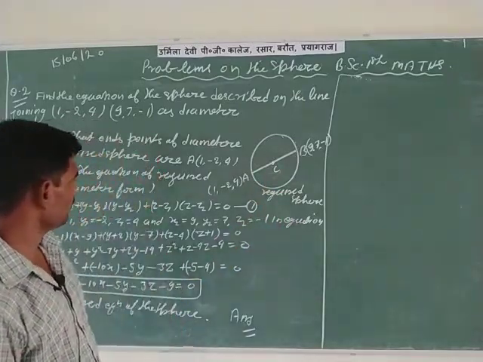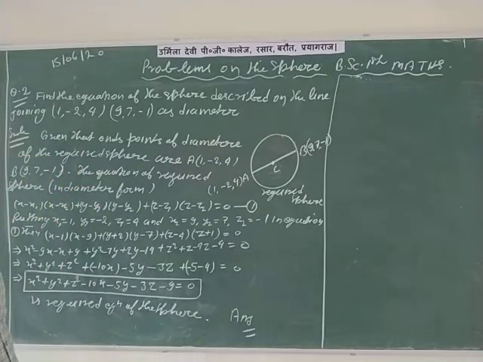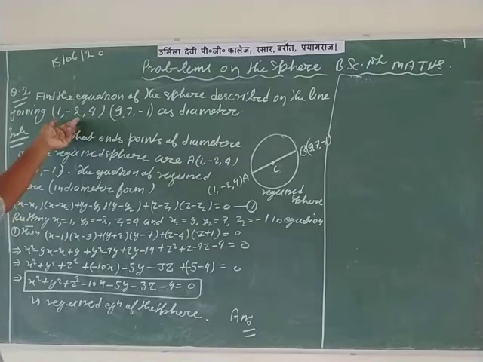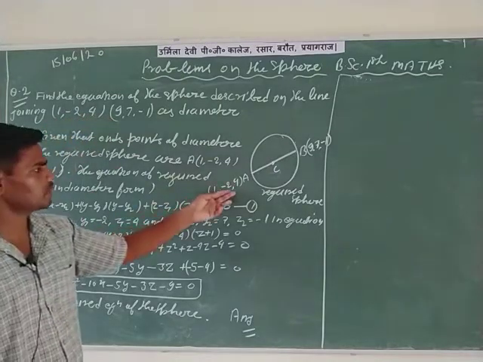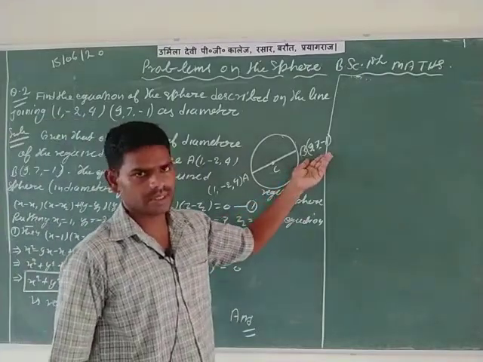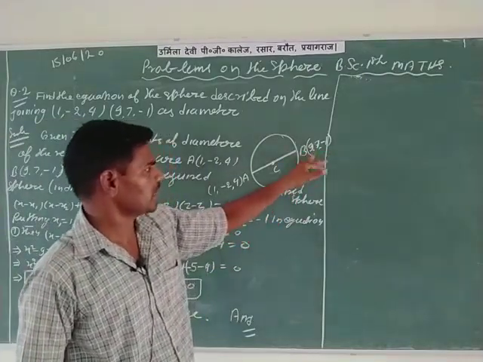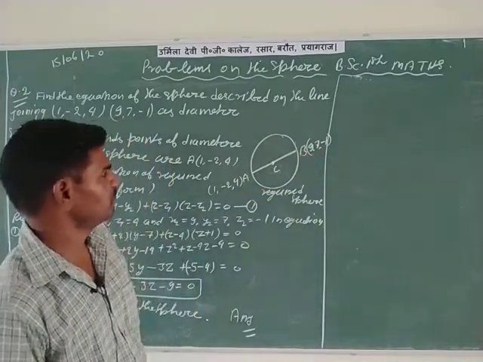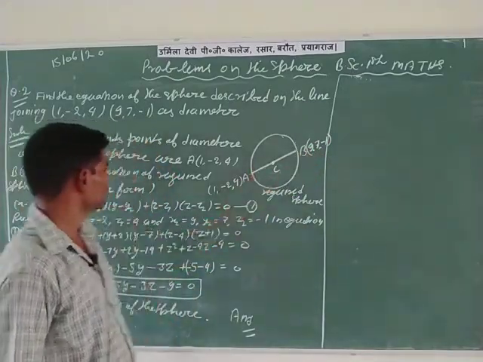Suppose point capital A has coordinates 1, -2, 4 and B is the second point whose coordinates are 9, 7, -1, means second end of the diameter AB.